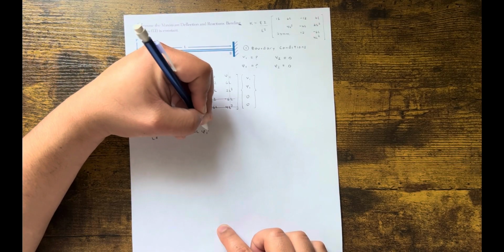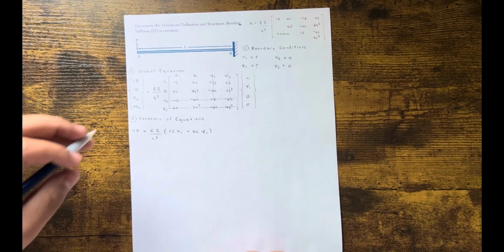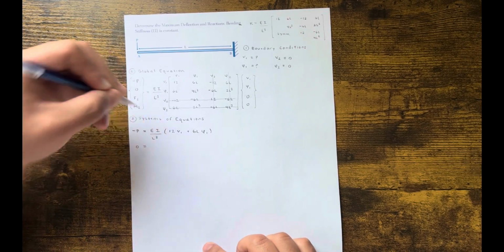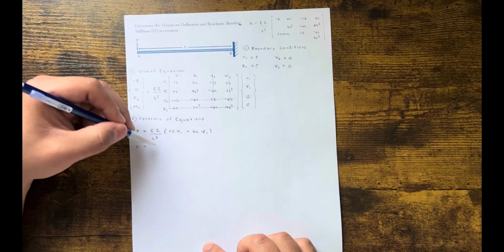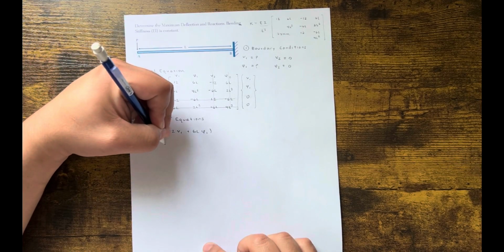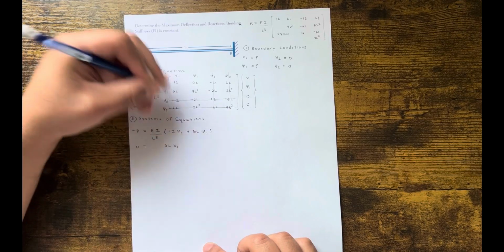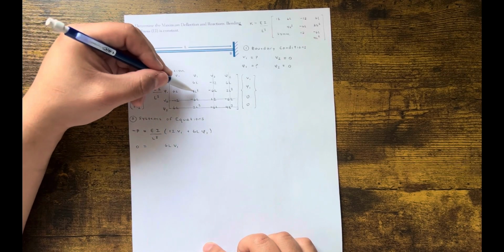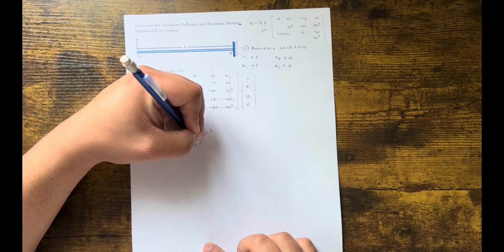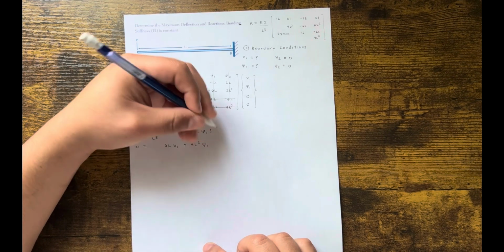That's equation number 1. Number 2, it's 0 equals, and I would have put EI over L cubed, but then you divide it by 0, so it goes away anyways. So I'm just going to go ahead and put 6L V1, 4L squared Phi1.